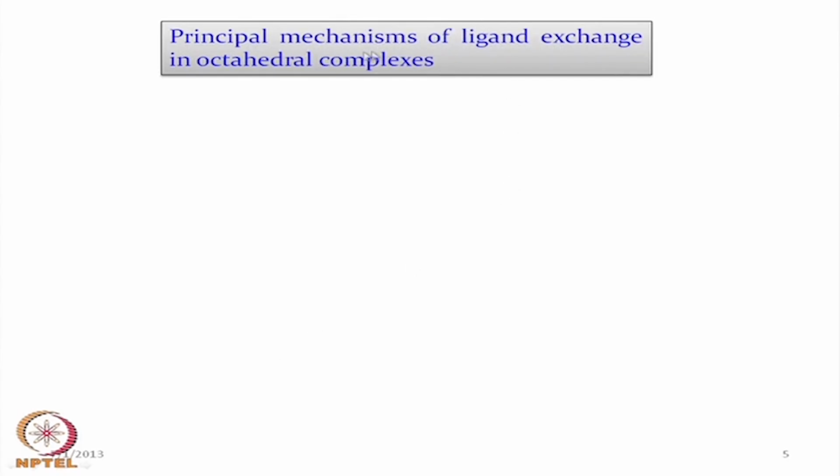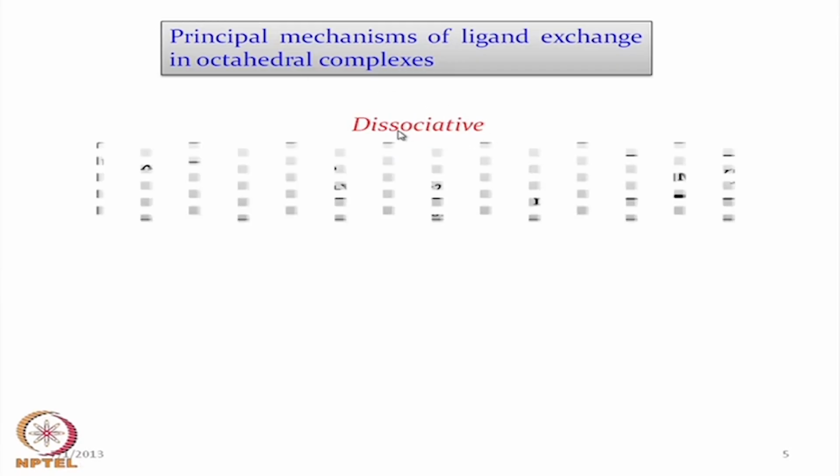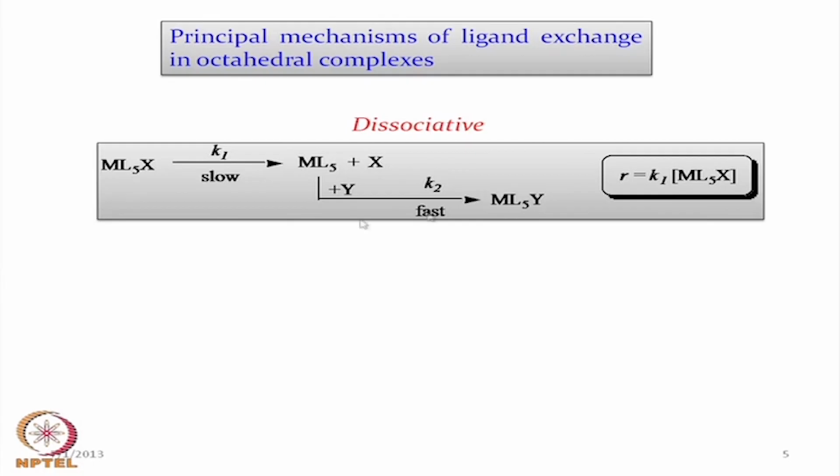So, the principal binding mechanism, that means the mechanism for ligand exchange in octahedral complexes, we can have the dissociative one, where we have seen already that is the K1, and the reverse of this we can consider as K minus 1, and when it is only a dissociative one without involvement of the Y, the rate is straightaway dependent on K1 times ML5X.